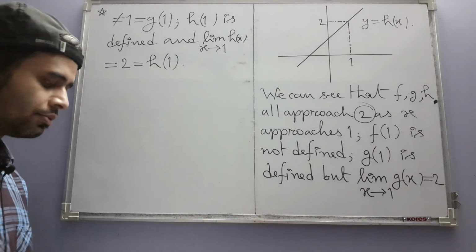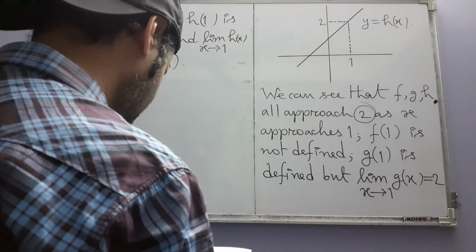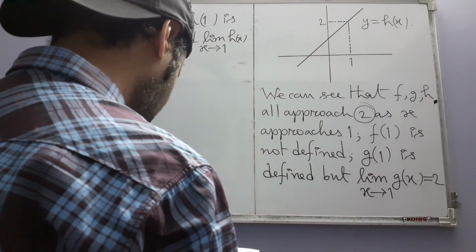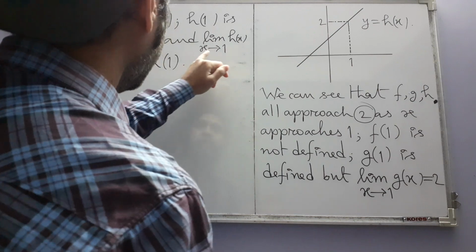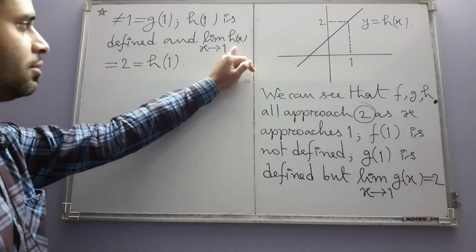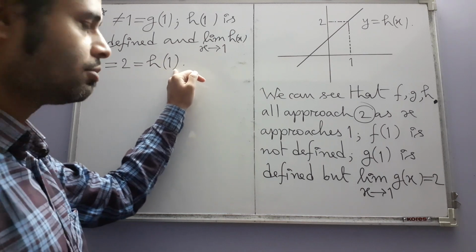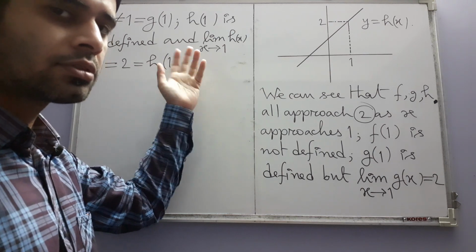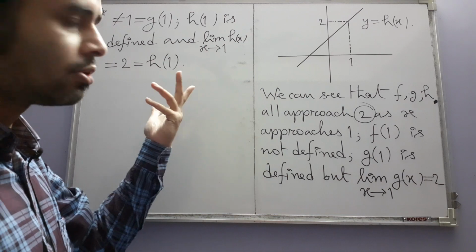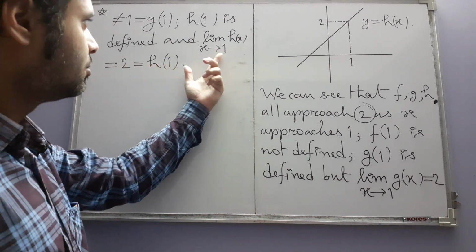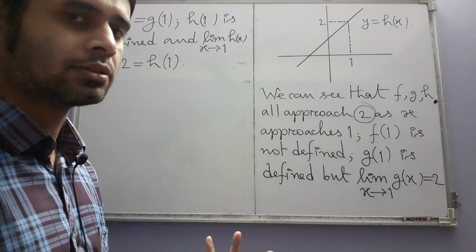Okay, now the limits of this type of functions, where the limit actually becomes the value of the function, are of course quite easy to calculate. What you just have to do, you put x equal to 1, that's it.